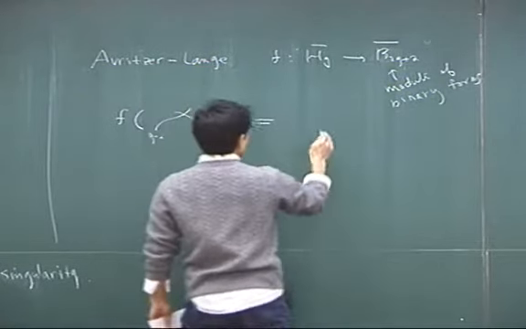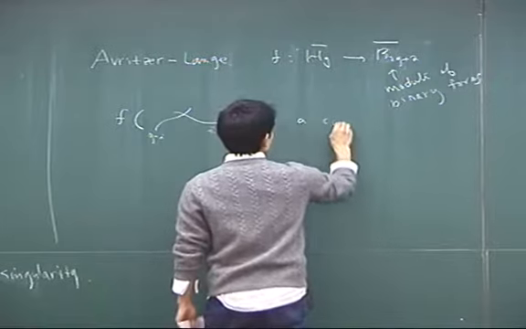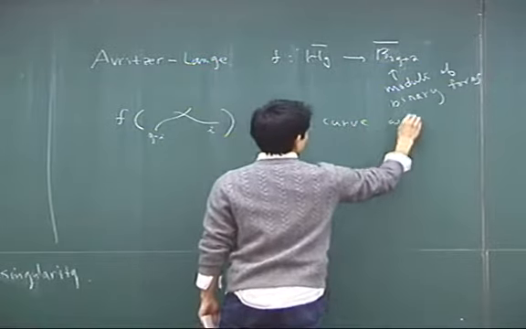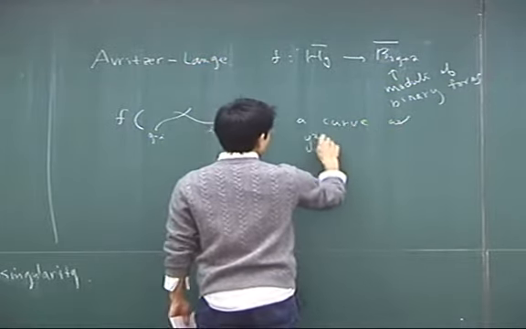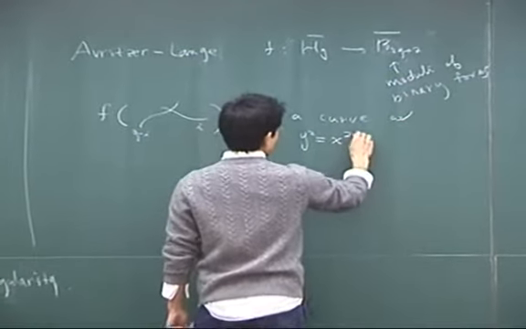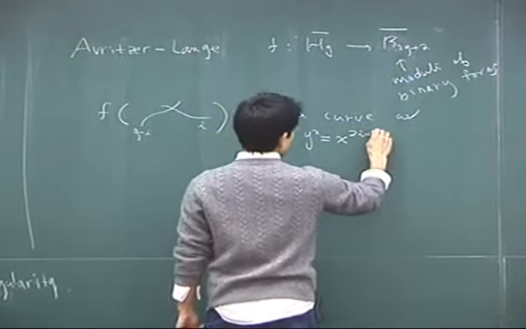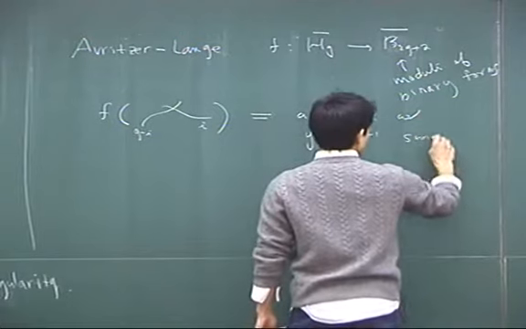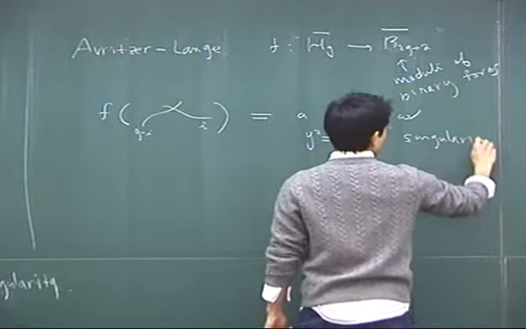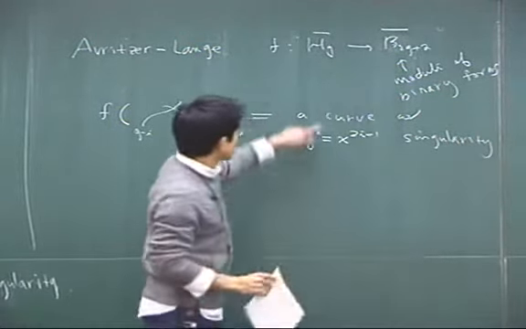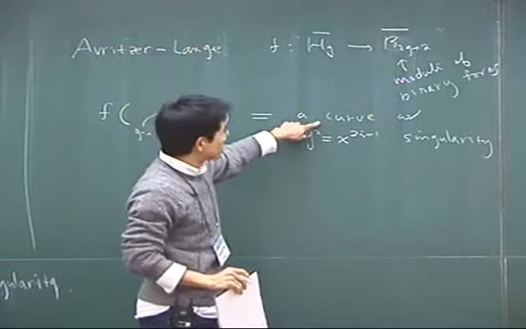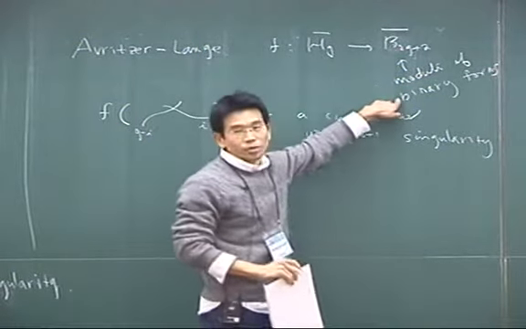a curve with a y squared equals x to the 2i plus 1 singularity. When I say a curve, this is the curve determined by the corresponding binary form.